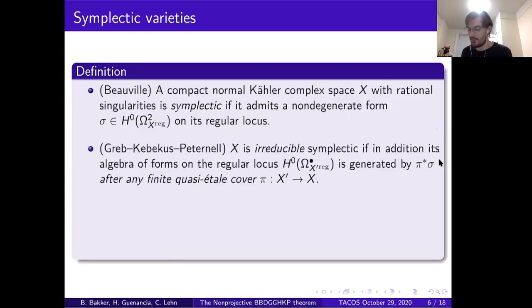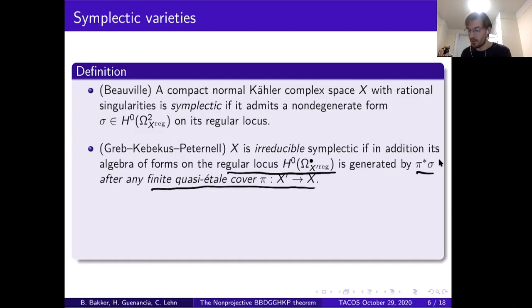So the correct definition here is that X is an irreducible symplectic variety if, first of all, if I look at the algebra of forms on the regular locus, it's generated by this nowhere degenerate holomorphic two-form, but moreover that also remains true on any finite quasi-étale cover.